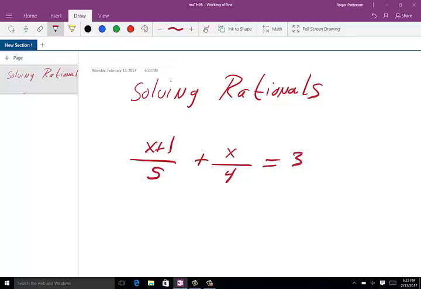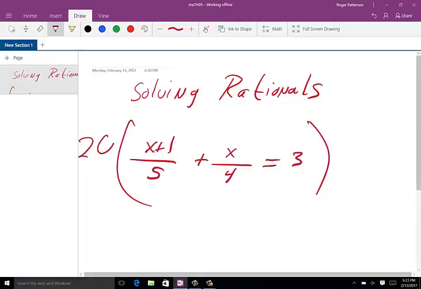We actually want to find out what that common denominator is. What would the common denominator be in this situation? 20, right? So instead of actually multiplying this one by 4 and this one by 5, we're going to multiply the whole equation by 20.